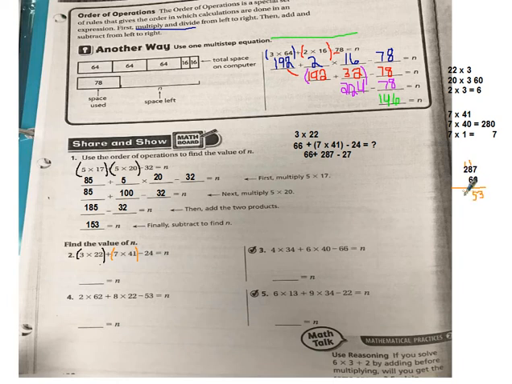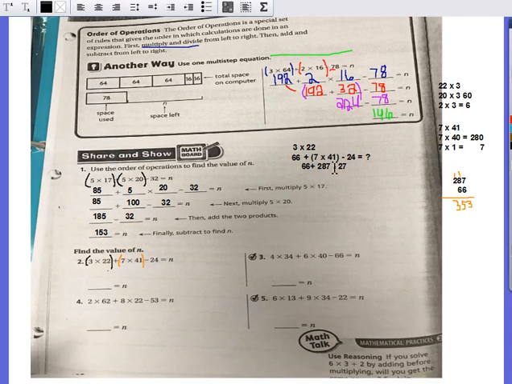And then 2 plus 1 is 3. 353. So I'm going to come over here and add that. 353. Finally, minus my 27. So 353 minus 27.